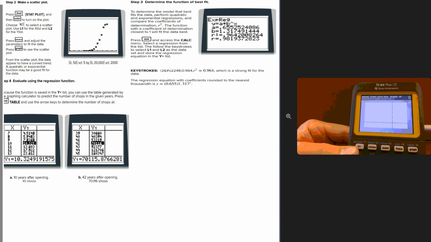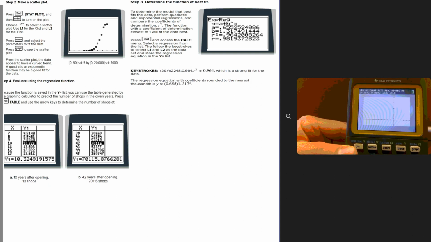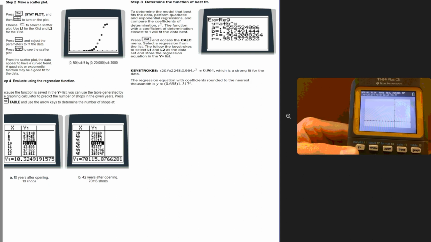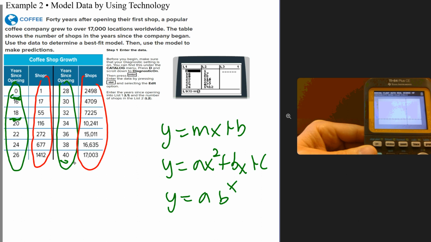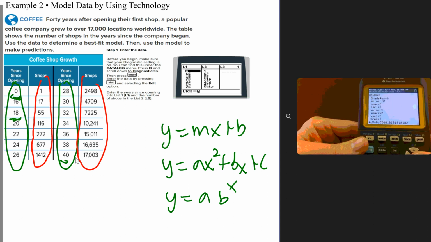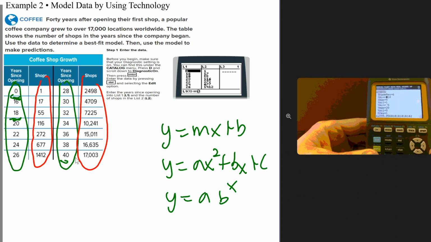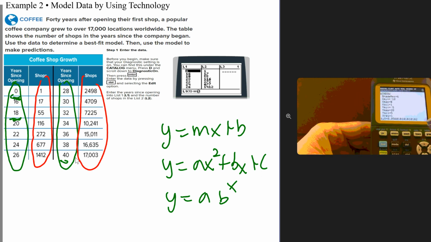But you notice I don't really see anything on here. That's because I need to adjust my window. My smallest X was 0 and my largest was 40, so I'm going to go to my window, and -10 is fine, to maybe 50, a little bit past 40 so we can see everything in our window.